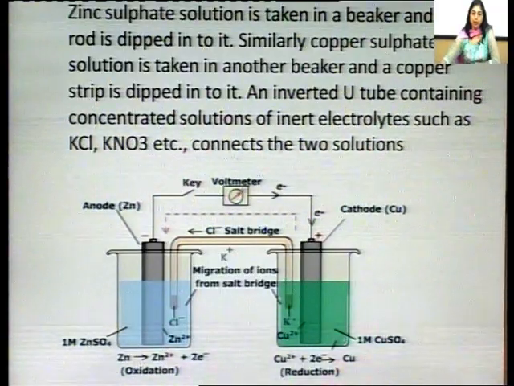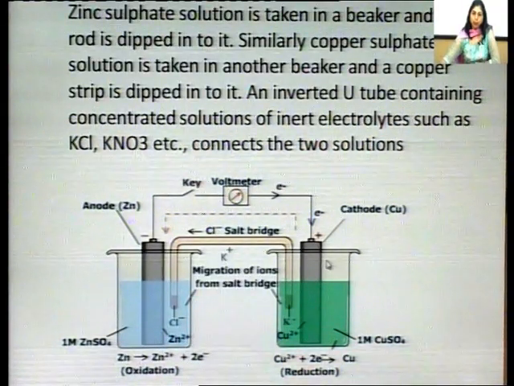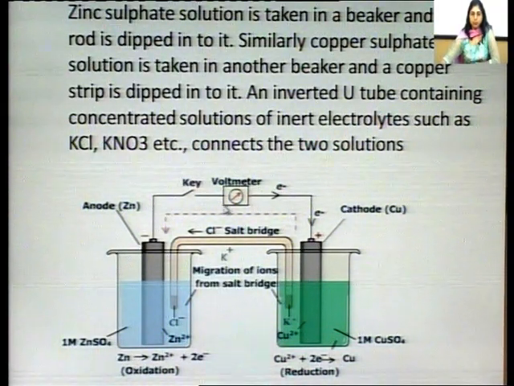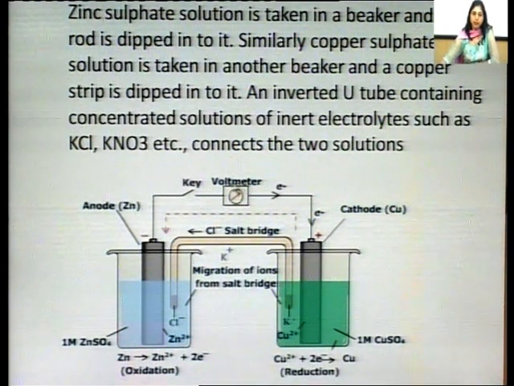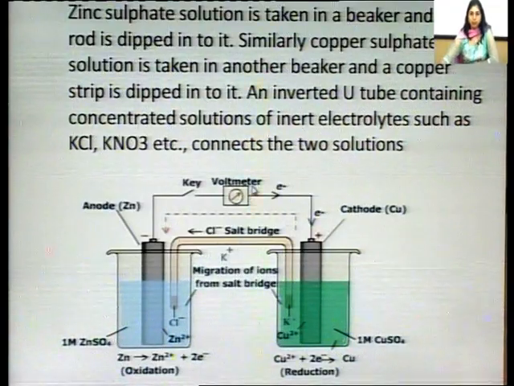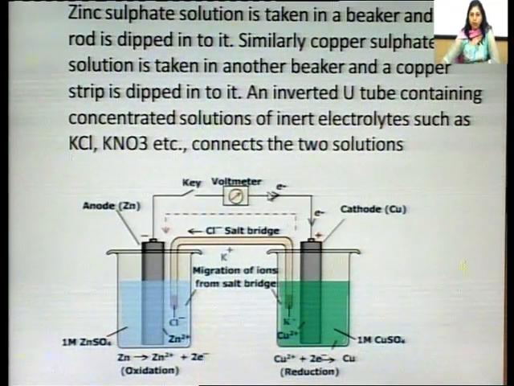These two electrodes are connected to each other by wires, and in the center a voltmeter is connected which will tell us about the flow of electrons and hence about the current.